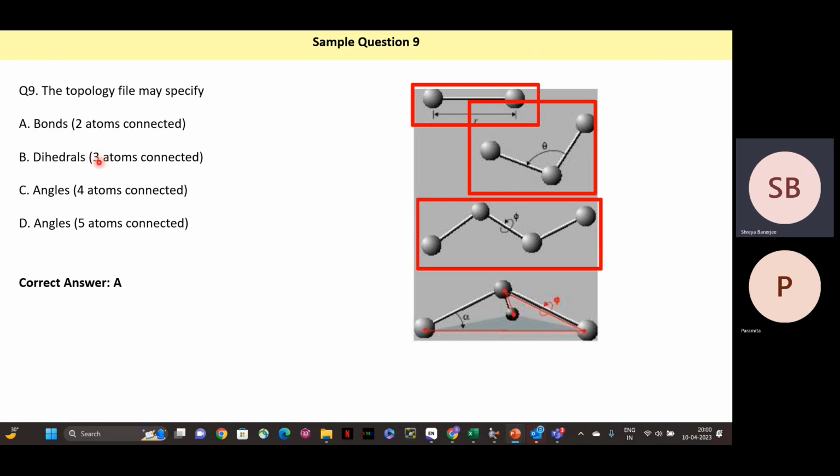But these definitions are wrong. Like dihedral is not 3 atoms, it is 4 atoms. And angle is not 4 or 5 atoms, it is 3 atoms. So options B, C, and D are wrong. Option A is correct, that the topology file specifies bonds, which are 2 atoms connected.